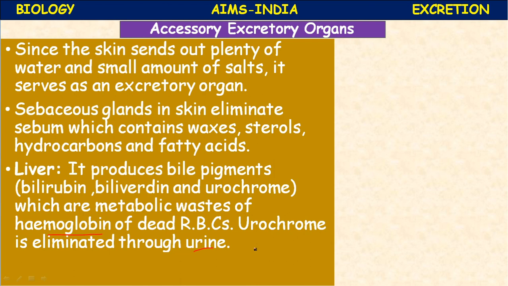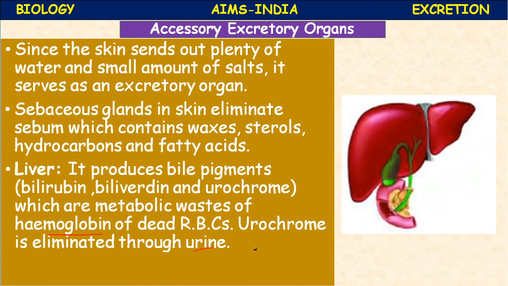Okay, so liver is a very important organ, the largest gland in the body. It is a lobed, mushroom shaped gland, reddish brown in color, made up of special cells called hepatocytes. More than 100 functions it performs.